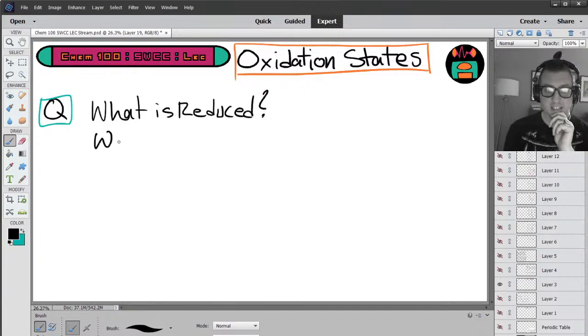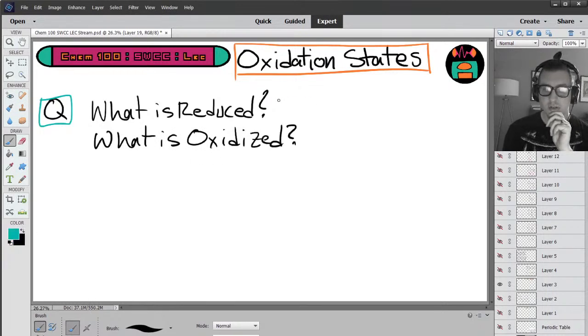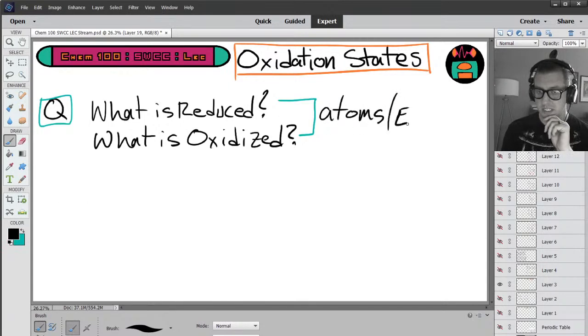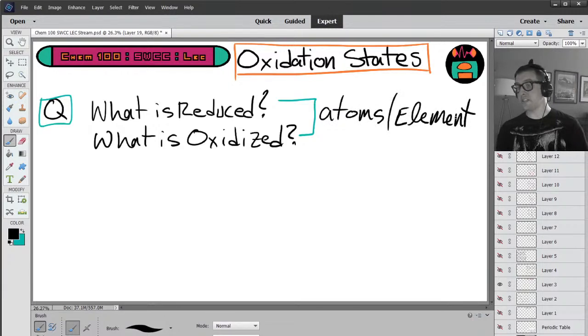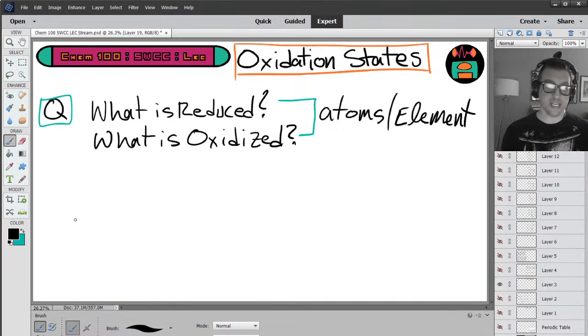Or when you're being asked, what is oxidized? The answer to both of these questions are atoms. Atoms are elements. You tell them which element is being oxidized, which element is being reduced, and that is the atom or element experiencing the change in oxidation state.